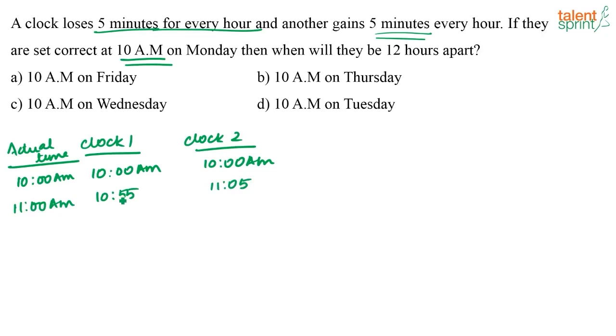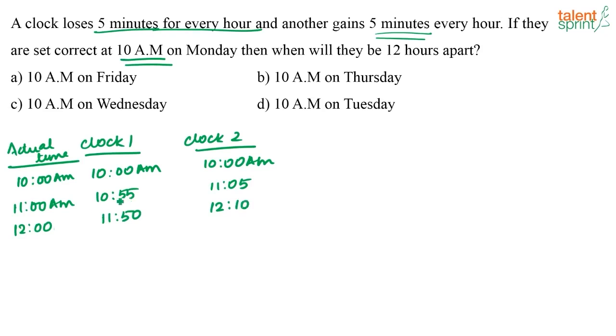This is losing 5 minutes every hour. Similarly, when the actual time is 12, what will clock 1 show? Again it will lose 5 minutes in the next 1 hour, correct? So when the actual time is 12, clock 1 will show the time as 11:50. Clock 2 has to gain 5 minutes in every hour. So when the actual time is 12, what time will clock 2 show? It will show 12:10.